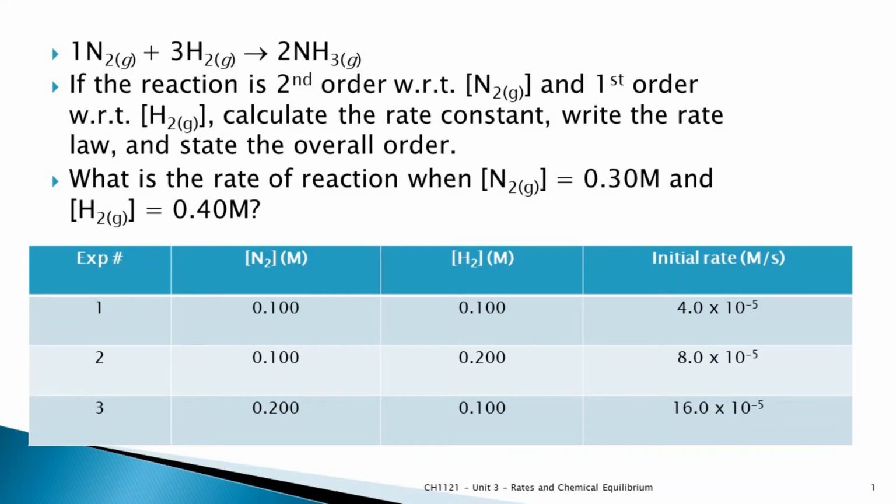In part 2, we're asked, what is the rate of reaction when the concentration of N2 gas is 0.30 molar and the concentration of the hydrogen gas is 0.40 molar?